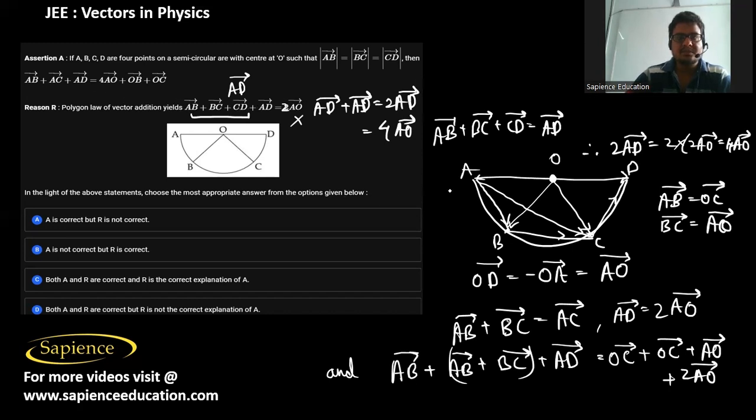R is not correct and AB plus, okay, OB. So here OB plus BC is equal to OA.